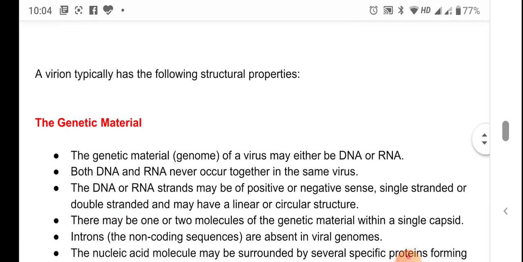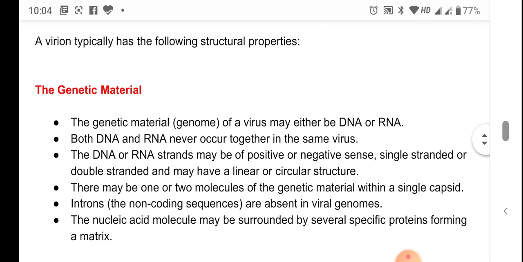Now about the virion, the structural details. There is a nucleic acid core, that is the genetic material. The genetic material can be either DNA or RNA. We do not see them together. It will be either DNA or RNA.